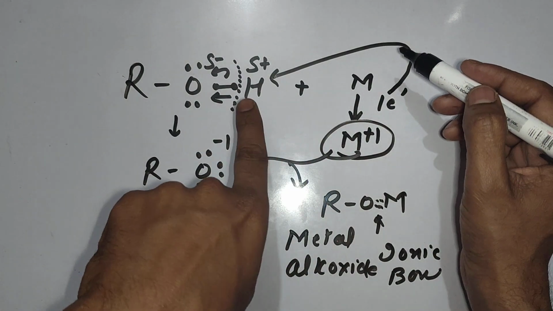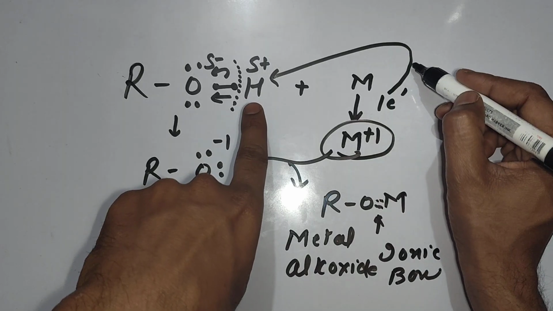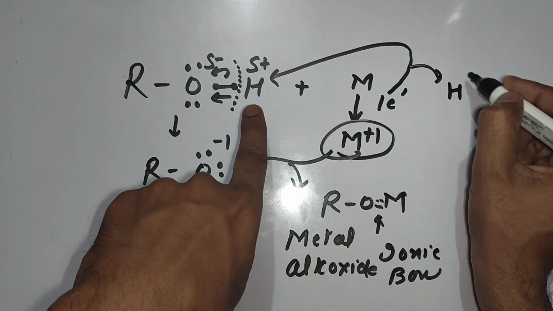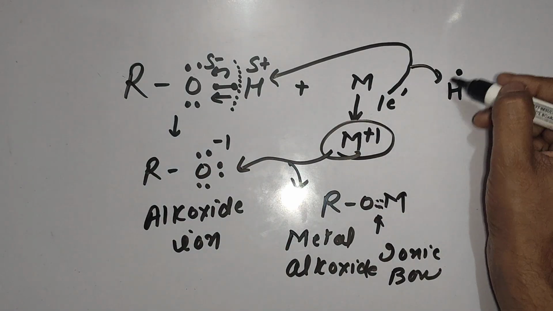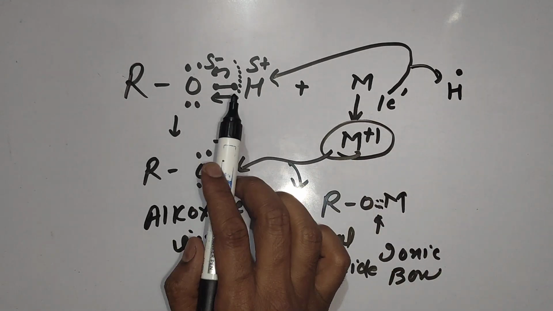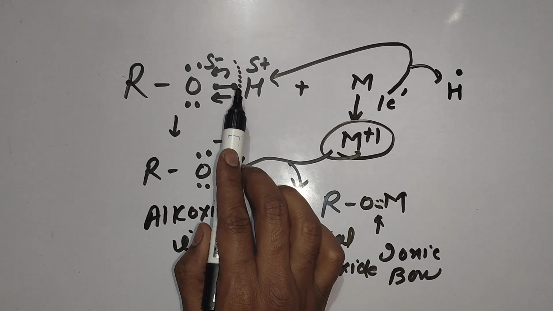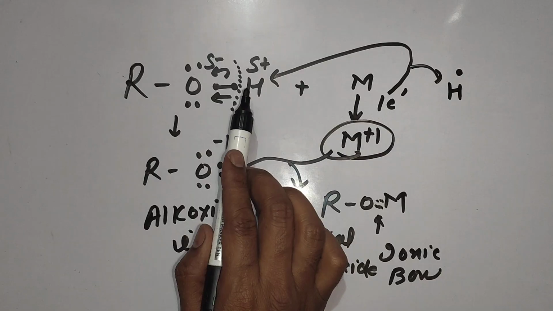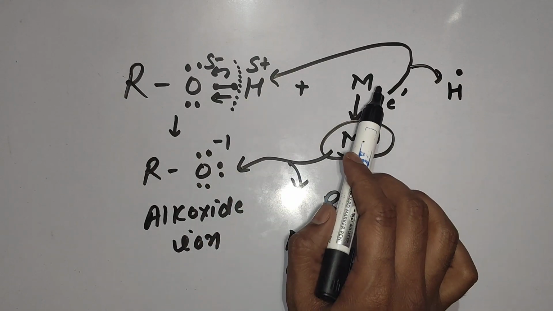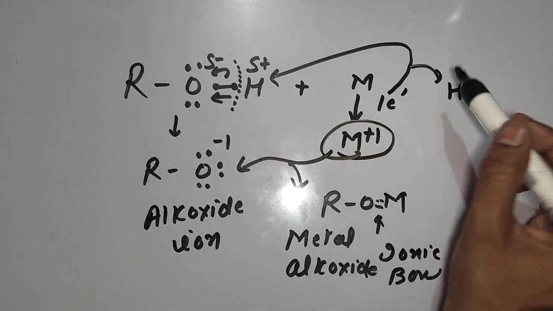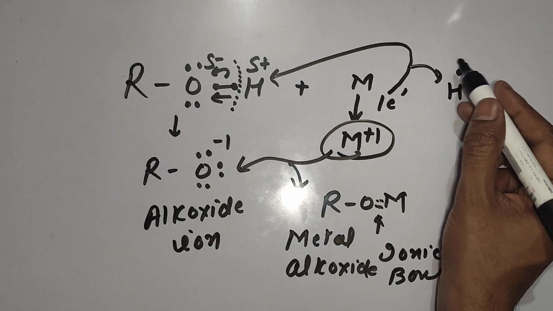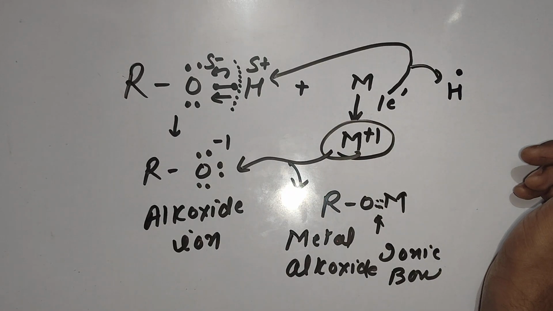So this is known as metal alkoxide. Now hydrogen after gain of one electron will become H free radical, hydrogen free radical it is. Look, one electron was lost by hydrogen toward oxygen, but at the same time it got electron from metal side. So overall it will become a neutral particle, this hydrogen free radical.